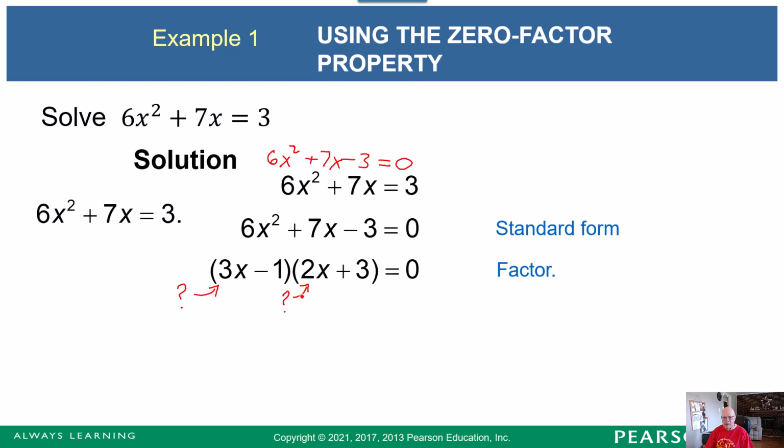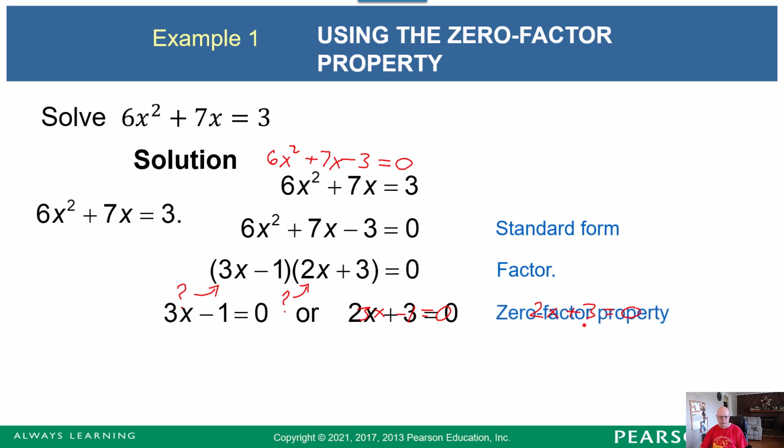So the zero factor property says, take that 3x minus 1, set it equal to 0, and find what x you get. Also, either at the same time or a different time, take the second one, set that equal to 0, and solve for x. So there you go.